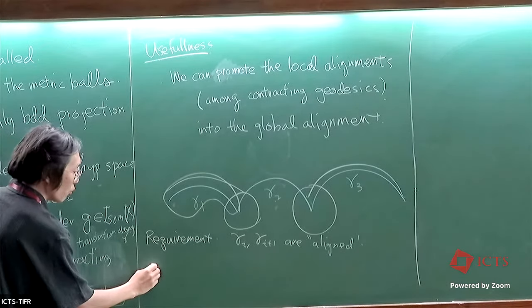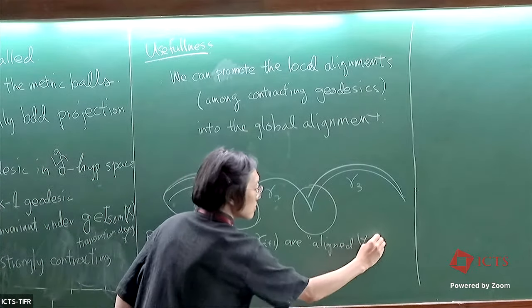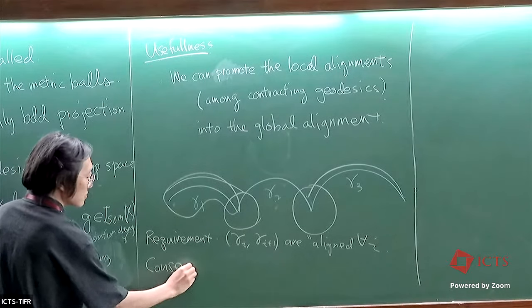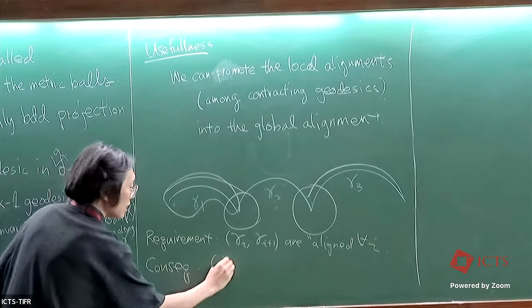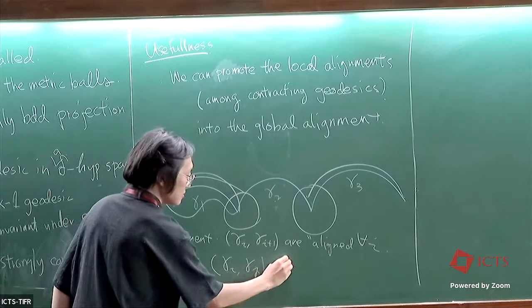And what I want as a consequence is that gamma i and gamma j are aligned.